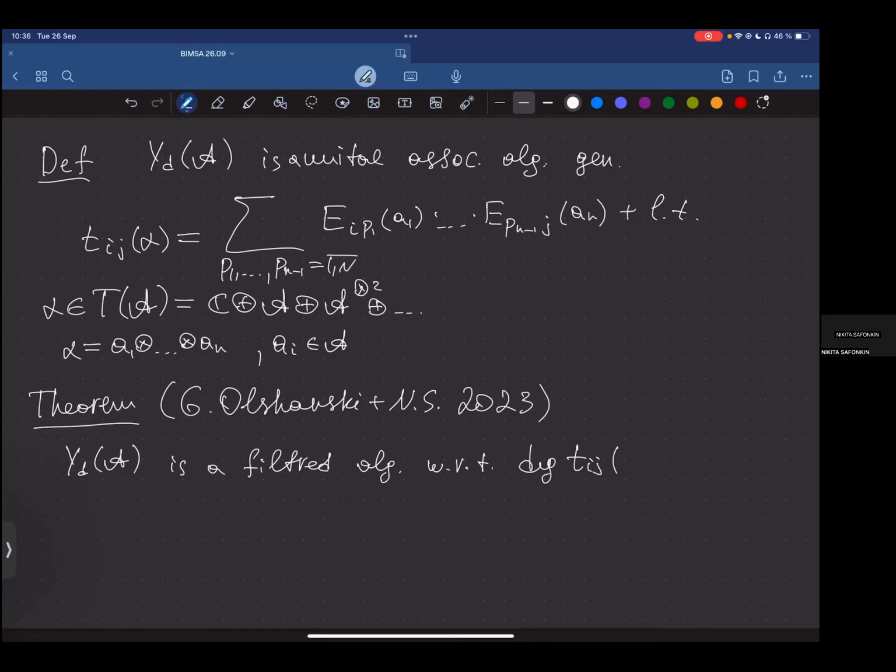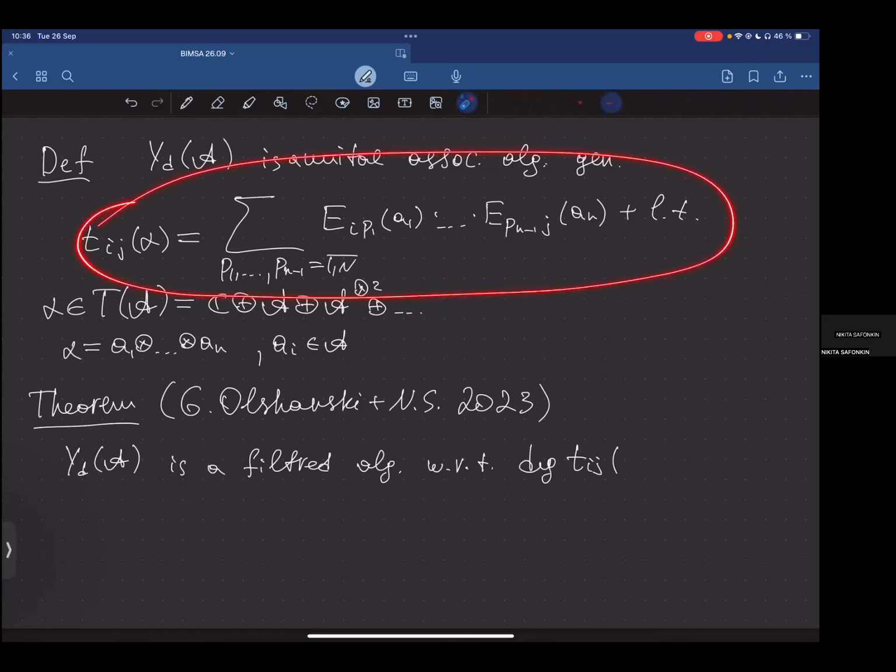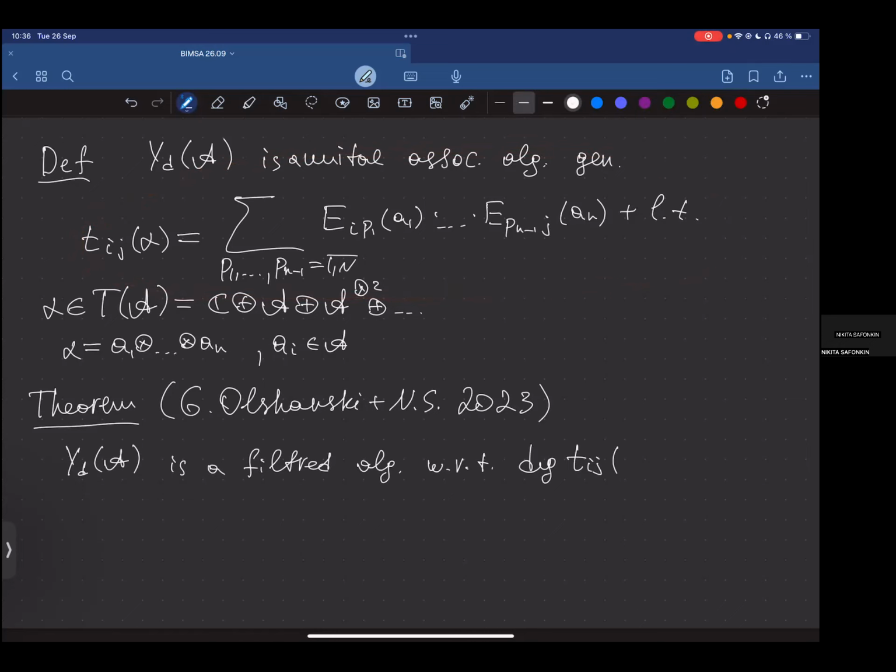I forgot to say right here that these indices i, j, of course, range from 1 to d. So the degree of the generators of this algebra is just the degree of alpha minus 1, because it is a shifted filtration.